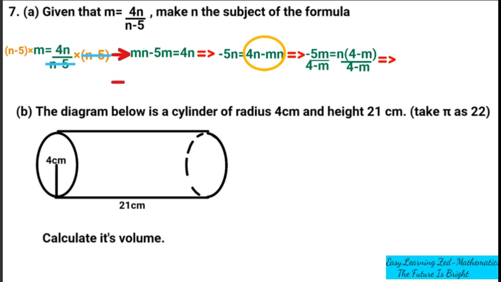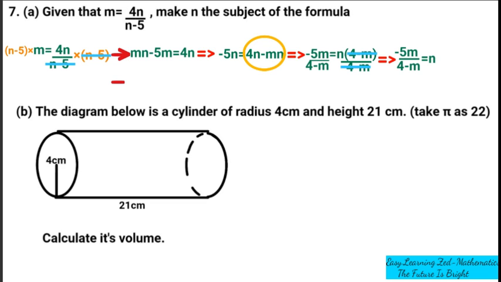So we write negative 5m over 4 minus m, which is equal to n after we divide. You can see that on top we have 4 minus m and down we have 4 minus m, so those can be cancelled out, leaving us with n. Now we have made n the subject of the formula.